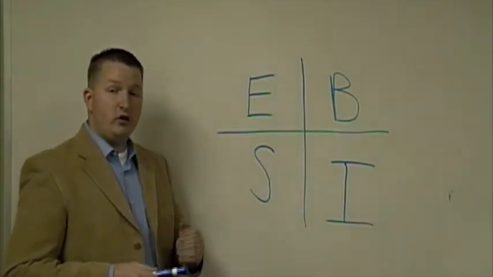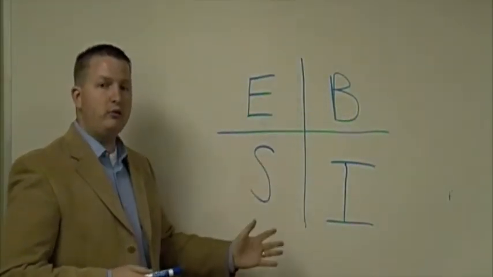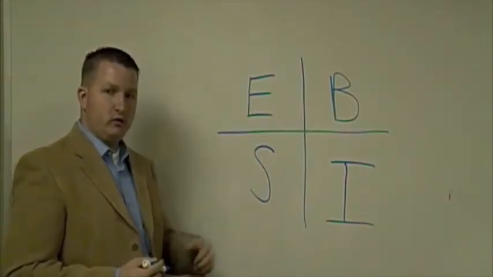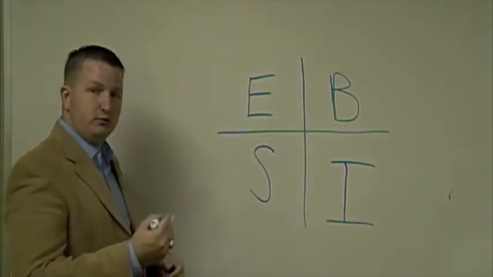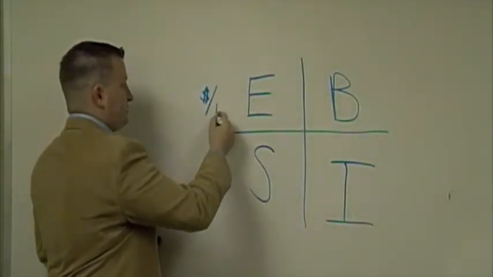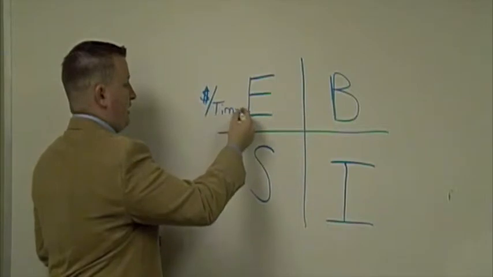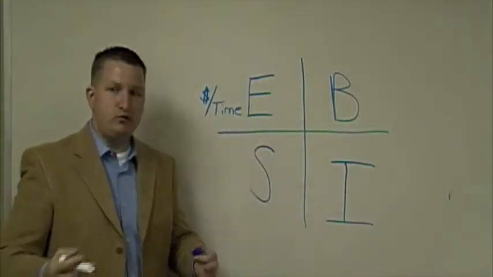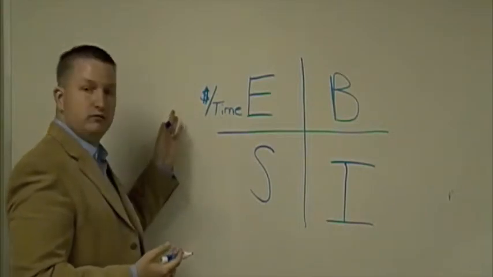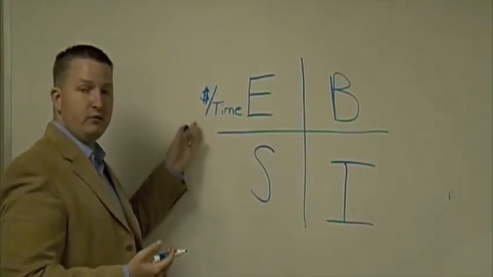Alright, now that we know the 4 areas where people make money, let's figure out where that cash flow comes from. We're going to start with employee. Most employees trade their time for money. So basically, whether you get paid an hourly rate, a weekly rate, or a yearly rate called a salary, you're trading your time for money.